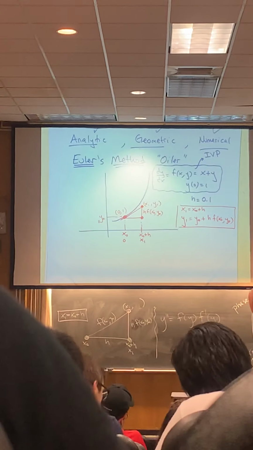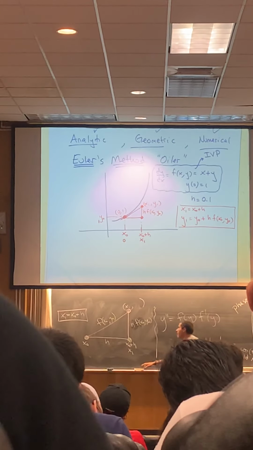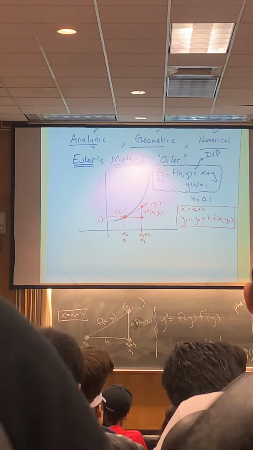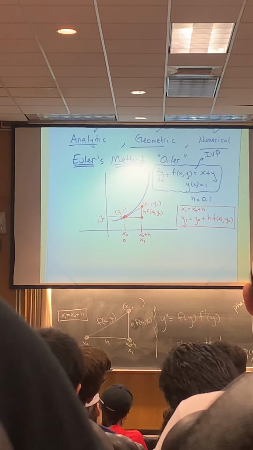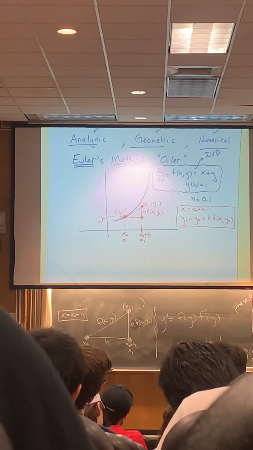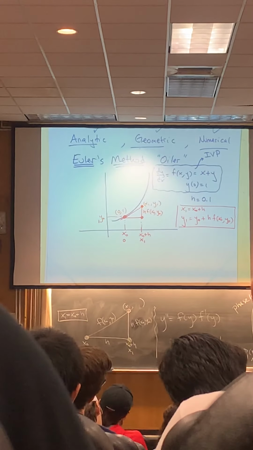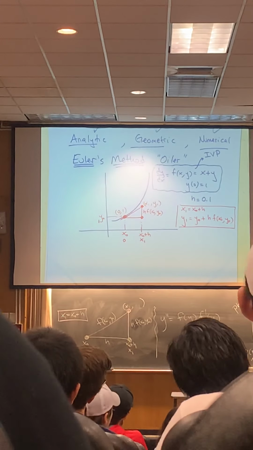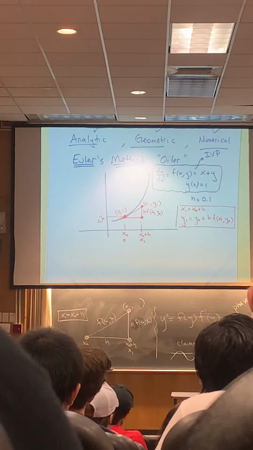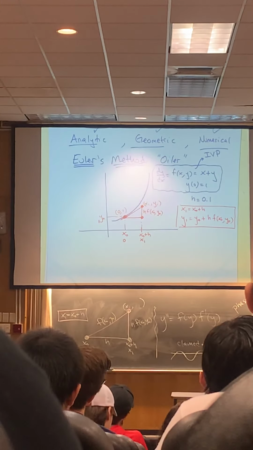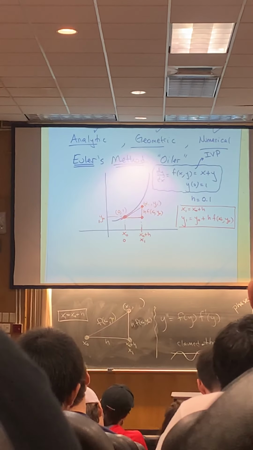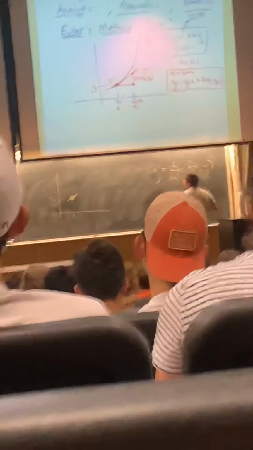So in general, making the picture right there, I am sitting at xn, yn. I have a little slope given to me by, of course, the differential equation dy dx, f of x, y.